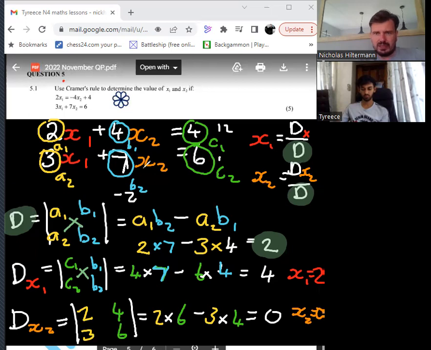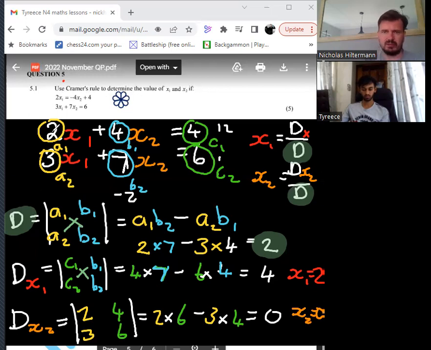Okay, so x1 is 2 and x2 is 0. And if we sub that in, that'll work, right? So everywhere I see an x2, I'm going to put a 0. Because 7 times 0 is 0. And so 2 times x1, which is 2. 2 times 2 is 4. That's right. And 3 times 2 is 6. So it works.